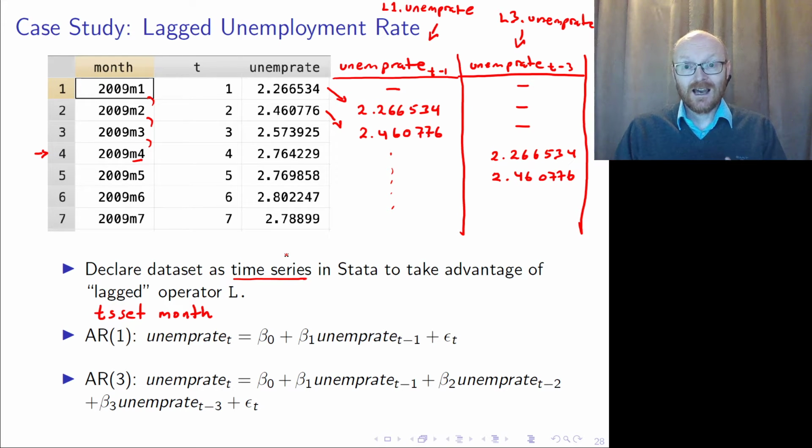Which means that now that you have declared your data set as a time series, it's quite easy to include lagged variables in your regression.